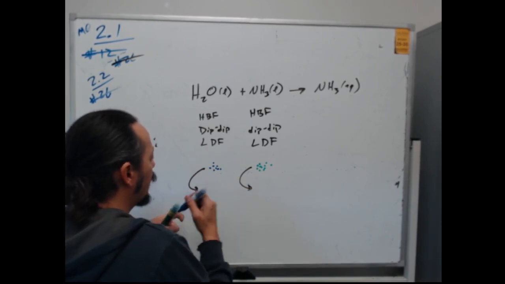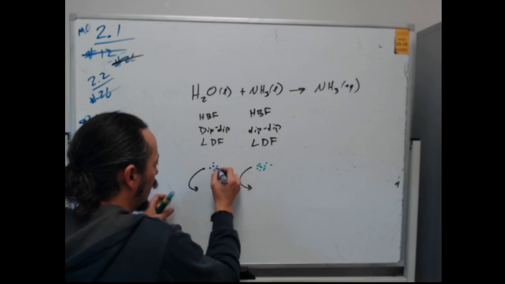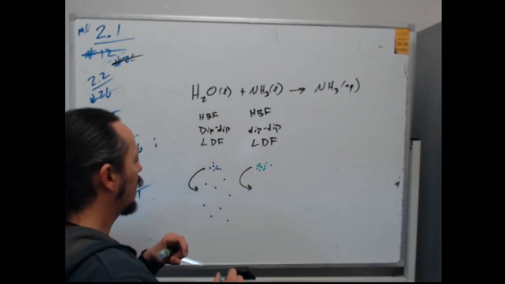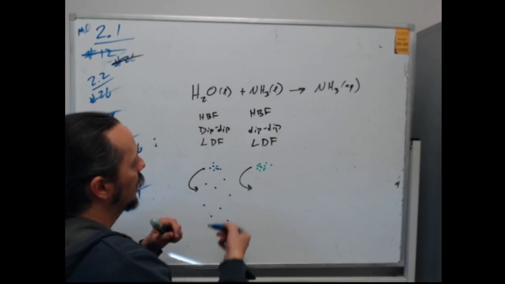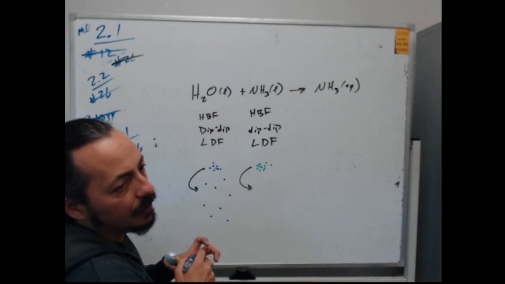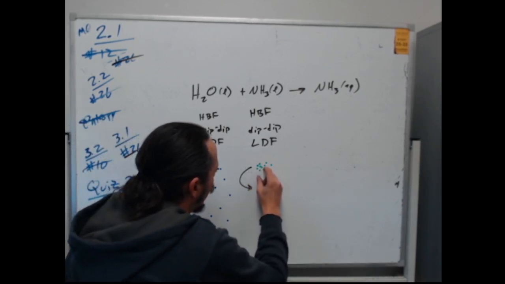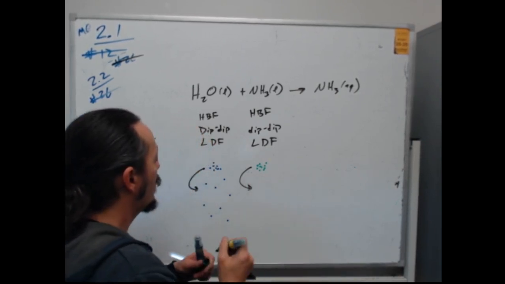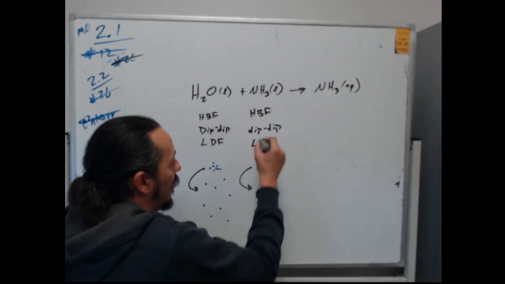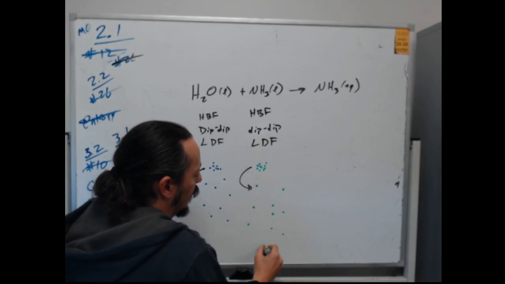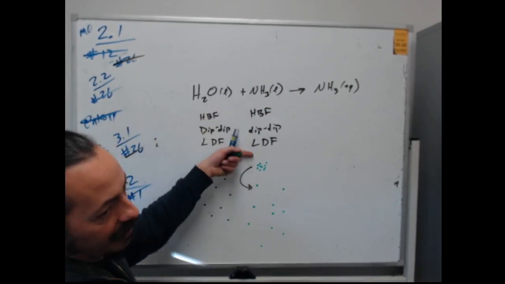The energy to spread out the water molecules is going to be related to the IMFs I have to deal with. Let's just say 10. My energy to spread out my NH3s is going to be related to the IMFs.